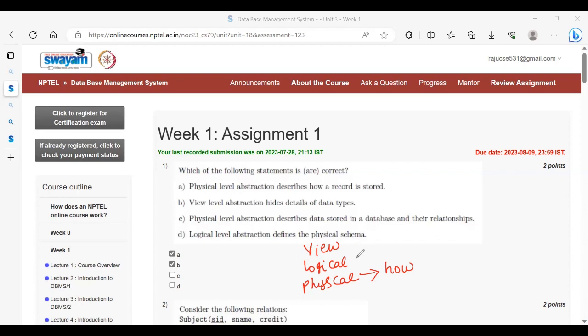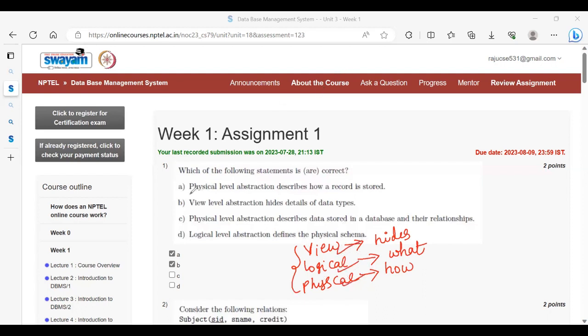The logical level shows what data is stored. The view level hides the details. These three are important for physical, logical, and view.